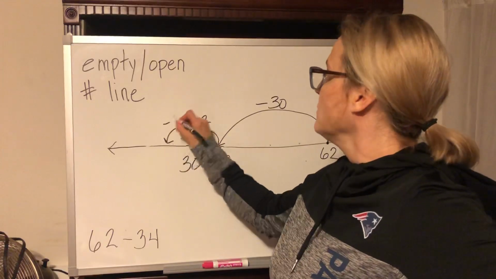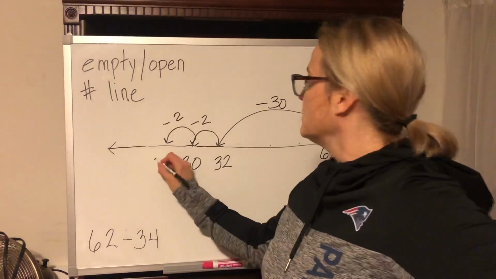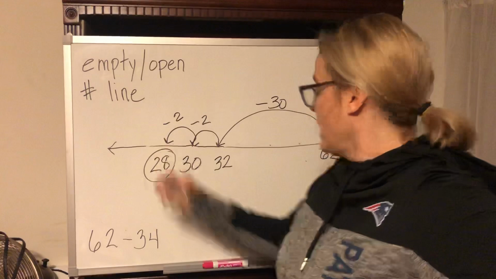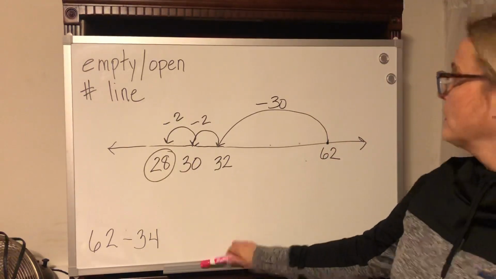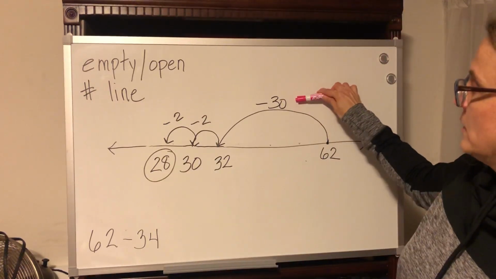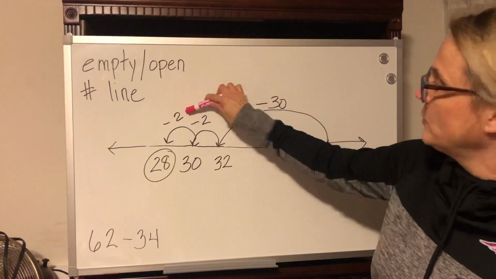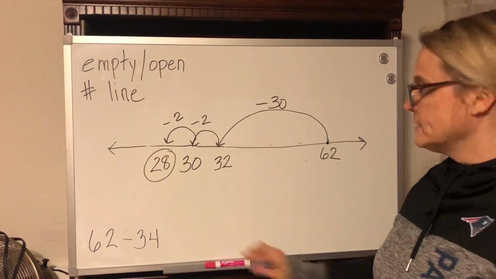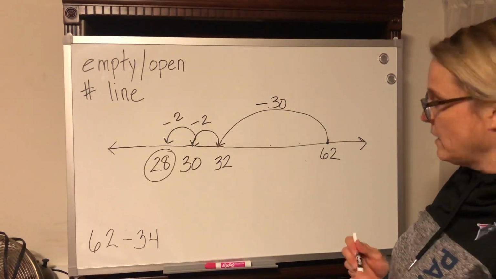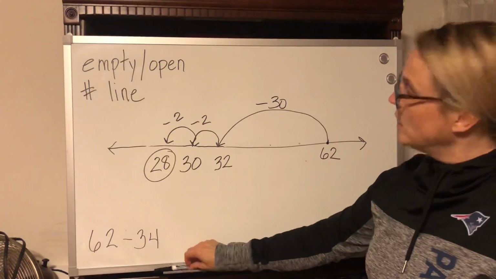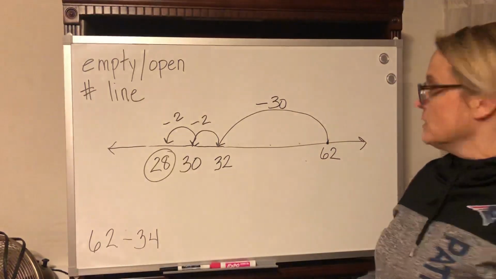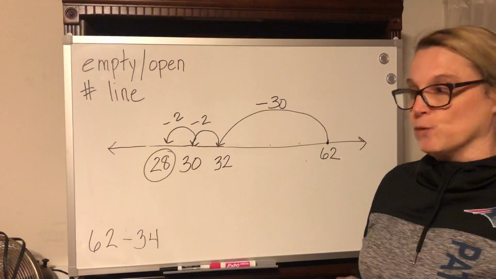So I'm going to do another minus 2, and that's going to lead me to 28. And I'm going to check my work up here. 30, 32, 34. And that is how we would use the open number line to subtract. So those are the 4 strategies for subtraction.